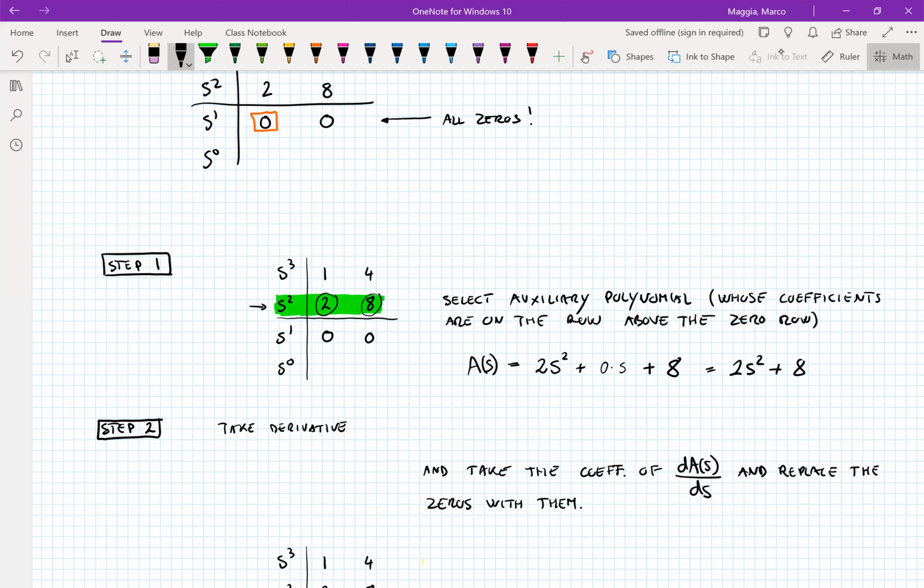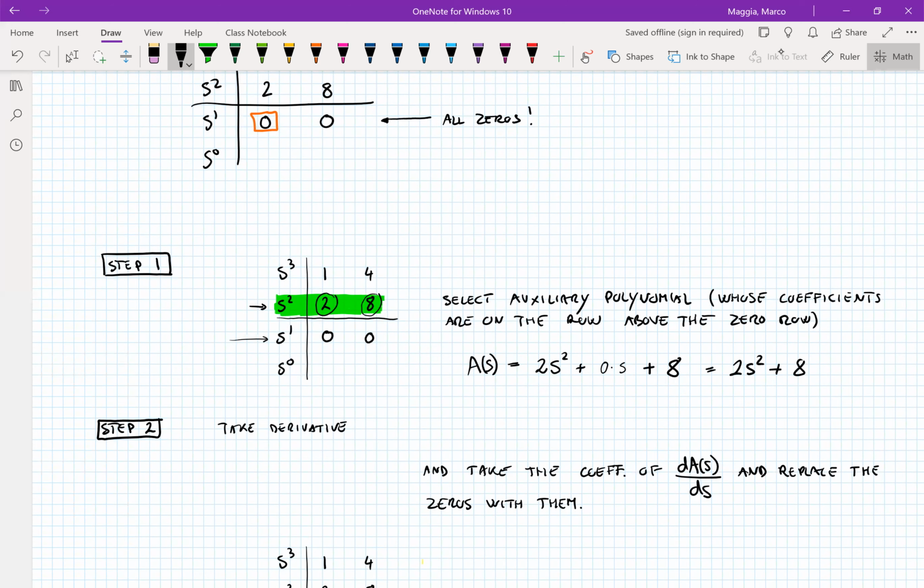And it'll turn out that every time that you find a row of zeros, that always is in correspondence to an odd power of S. Therefore, the auxiliary polynomial being above that always refers to a row with an even power of S. So the auxiliary polynomial in this case is 2S squared plus 8.